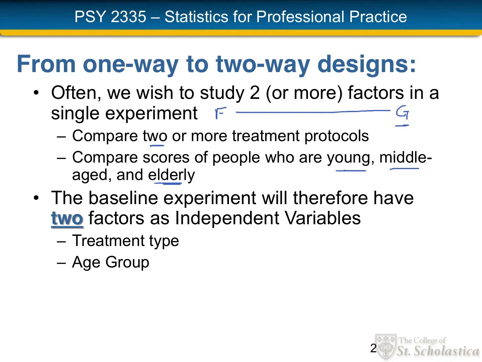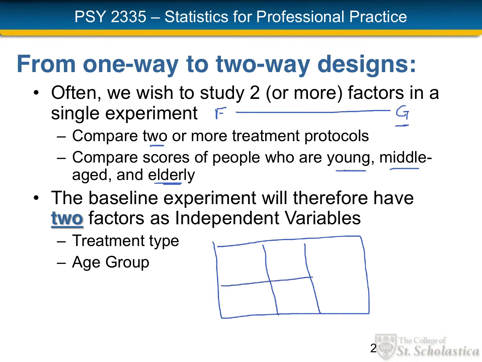So this baseline experiment with two factors would have two independent variables, the two types of treatment and the three age groups. As an experiment, we would be designing a 2 by 3 design, and just like 2 by 3 when you're talking about area, it's going to come out to be a total of 6 groups.